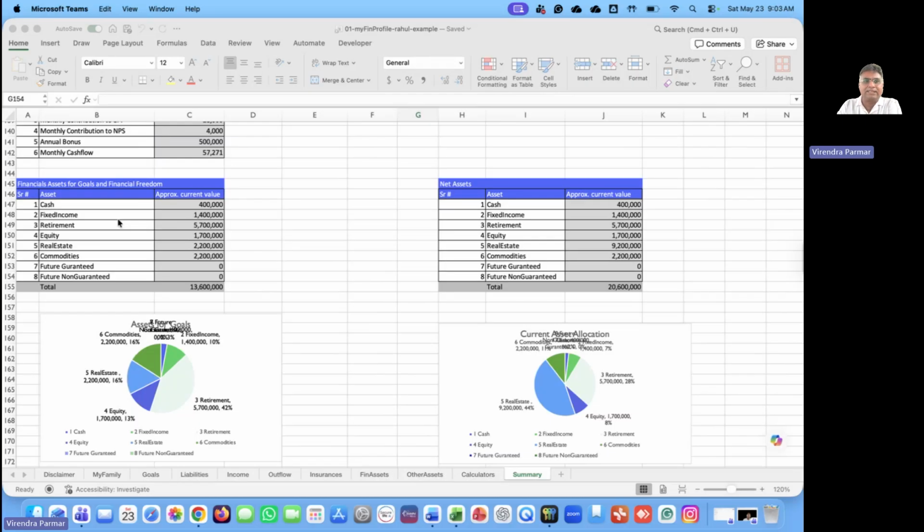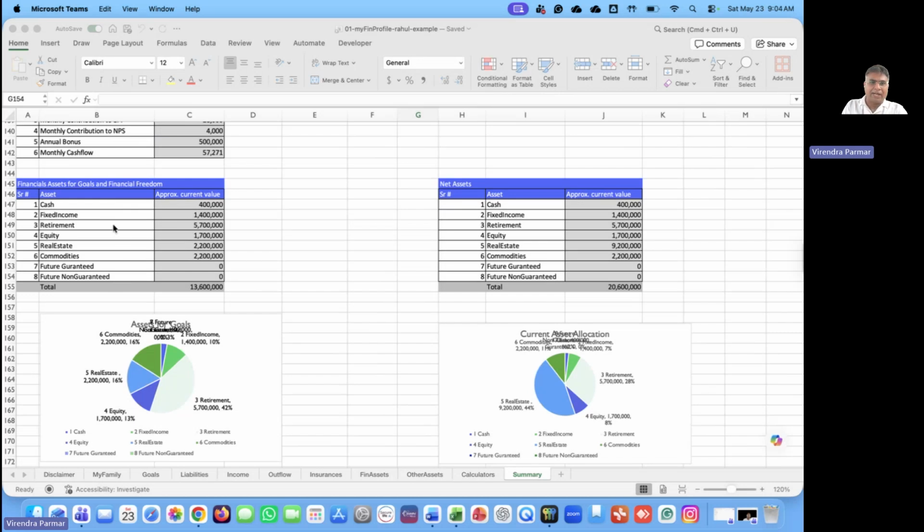In general, the assets can be liquidated or assigned for specific goals. If you see here, the assets are at a broad level six categories, if you don't capture the future part. And these are the assets available for you to liquidate or assign.